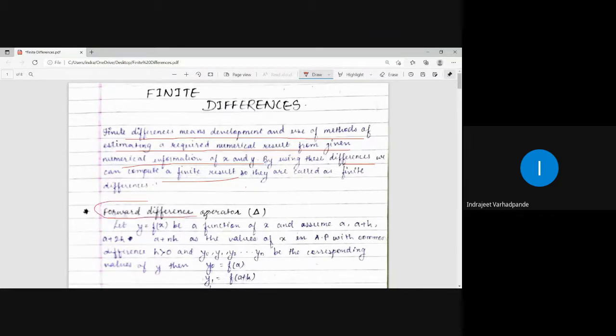Another one is called the backward difference operator, denoted by nabla. This inverted triangle is the symbol used for the backward difference operator, which is called nabla. So the forward difference operator delta and the backward difference operator nabla will enable us to get the values which are known as finite differences.